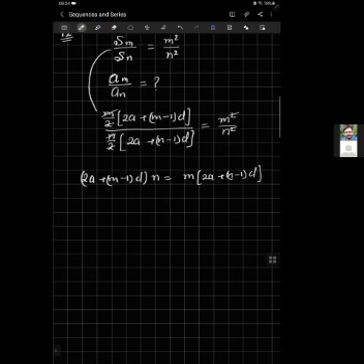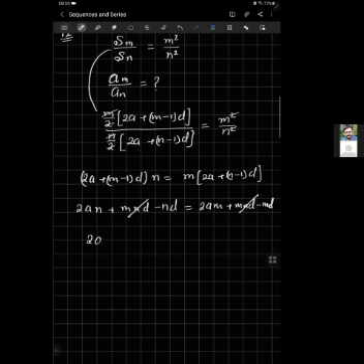It will become 2an plus mnd minus nd equals to, now m is going inside, 2am plus mnd minus md.